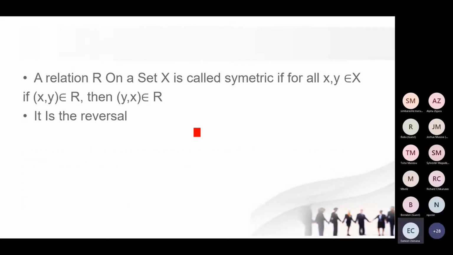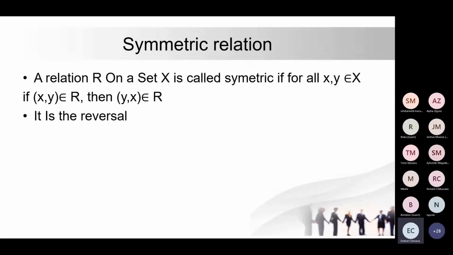Thank you, sir. So we're on symmetric. Unfortunately, I had not brought some picture examples. I'm really sorry for that, guys, but I'll try to explain as much as I can. So what do we mean by symmetric relations? Like I said, I've done my research in a book for discrete mathematics, and it's one of the modules.